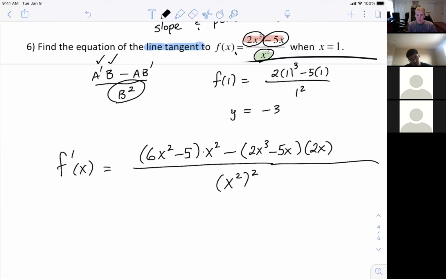Now, earlier when I had one like this, I had to do a bunch of algebra to simplify it. But for this one, we're just going to plug in a 1 anyway. So you might as well just do that now and then simplify it.